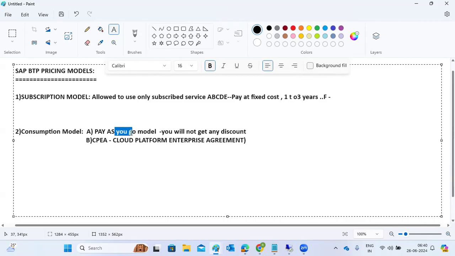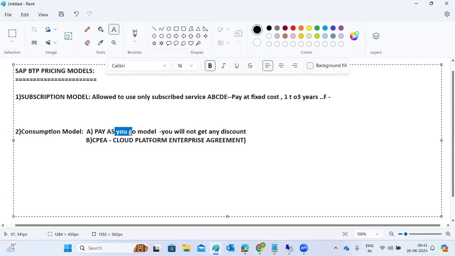You will receive a balance statement that provides information on your usage and the corresponding cost, the total cost, and how much is deducted from your cloud credits balance. You will get a monthly balance sheet when you are using the CPEA here. So this is the model.